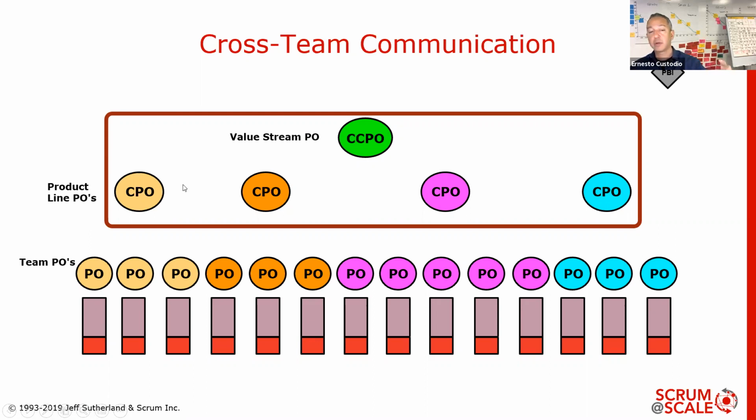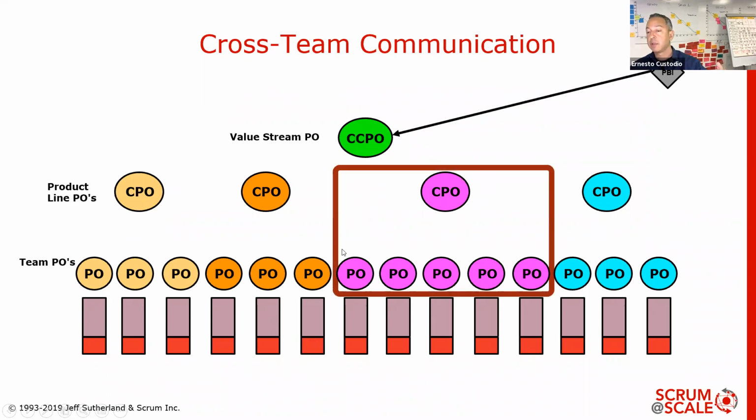The chief product owner is able to take that item and decompose it at a very high level that is still an epic to be delivered by the CPO. So it goes from the chief product owner to the chief PO, and that is coordinated across the different POs that are relevant to that epic. And that epic flows from that CPO down to the individual product owner that might be working on it.